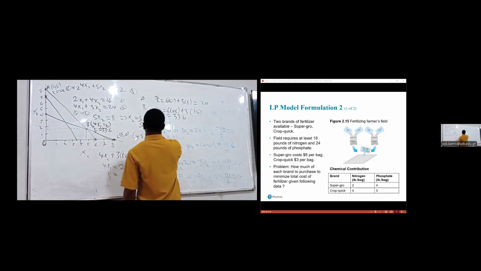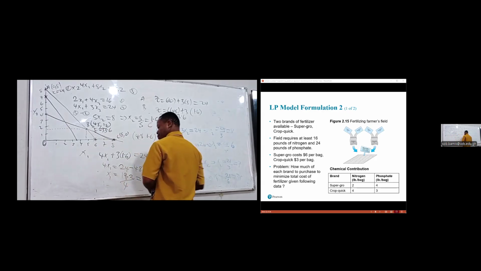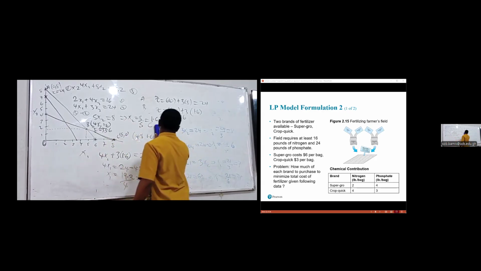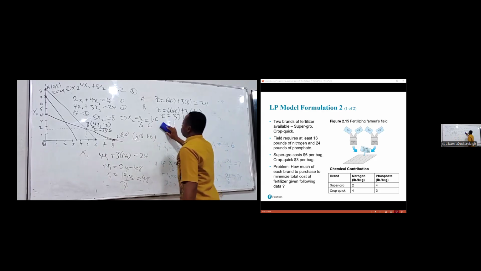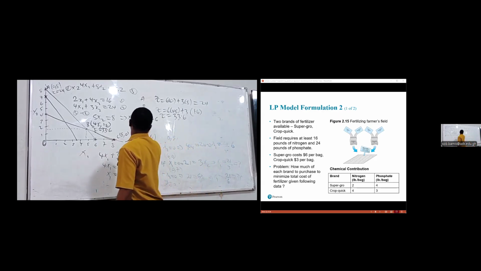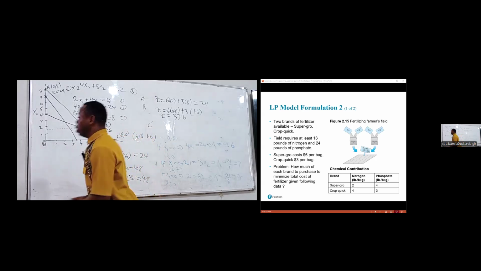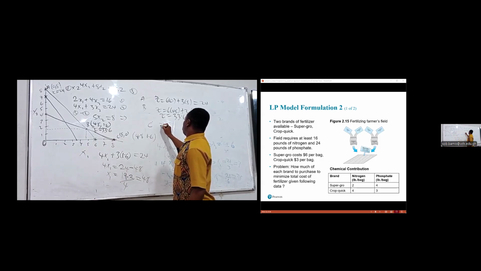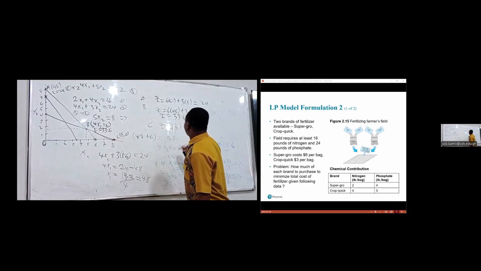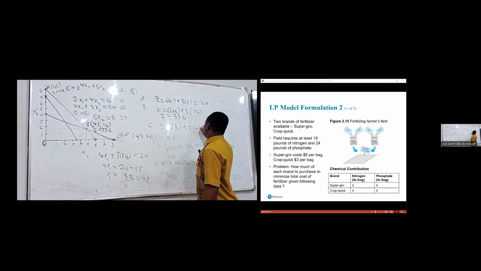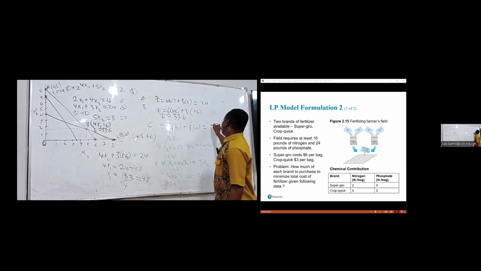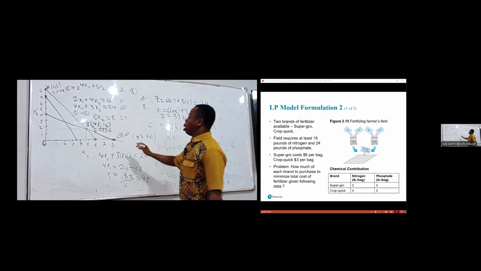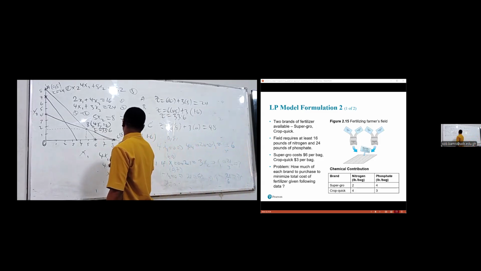Let's go to point C, the last point. At point C, Z will be equal to 6 times 8 plus 3 times 0, which is equal to 48.